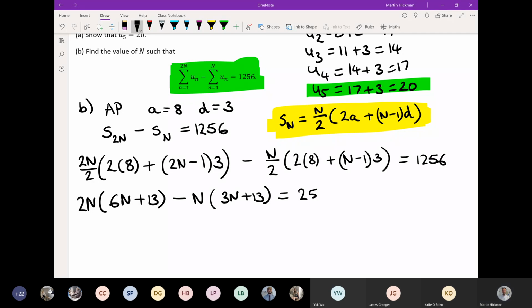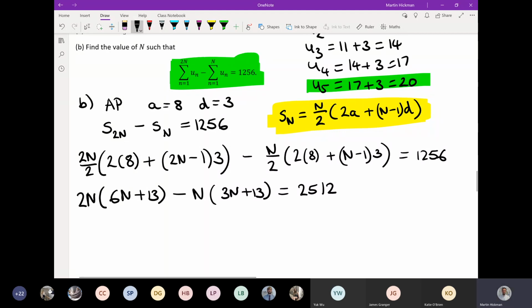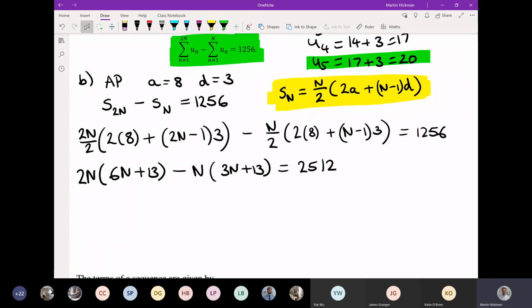And then 2,512 here because I've timesed all terms by 2. Then we're going to expand everything out and collect all the terms. You've got 2n times 6n, so 12n squared, 2n times 13 for 26n, minus n times 3n for minus 3n squared, and then minus 13n, and we've got 2,512.